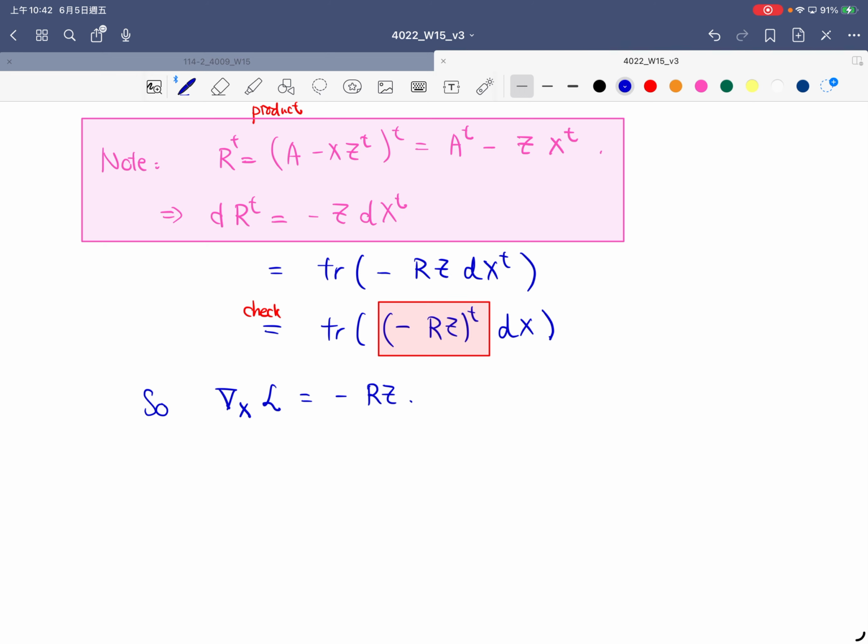And last but not least, at a minimizer, according to a generalization of a result from calculus 1, where at a minimizer the derivative will be 0, then at a more highbrow level it means the gradient must be 0.